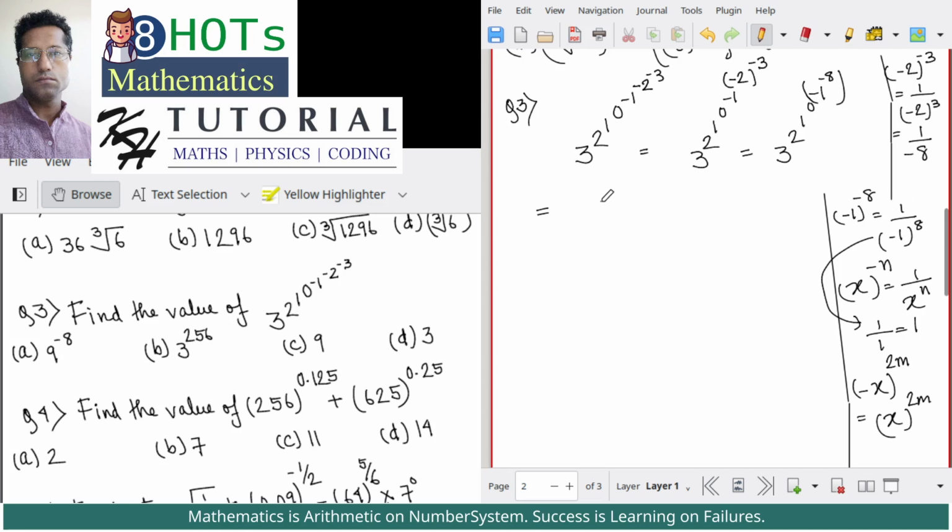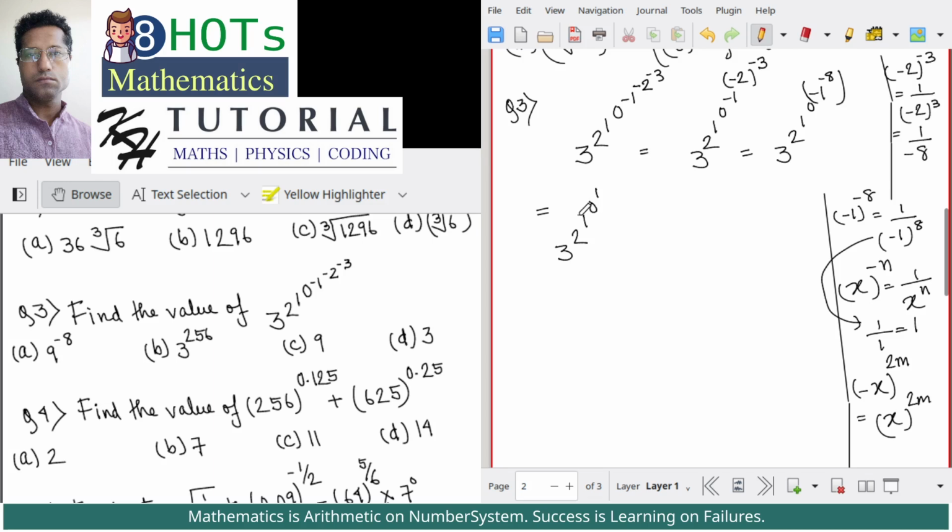Okay, so now the given expression becomes 3 raised to the power 2, the power of 2 is 1, then 0, and the power of 0 now becomes 1, because the power of 0 was minus 1 raised to the power minus 8, which is 1. So we have it like this.